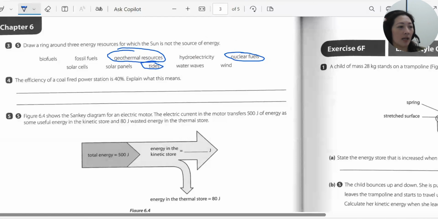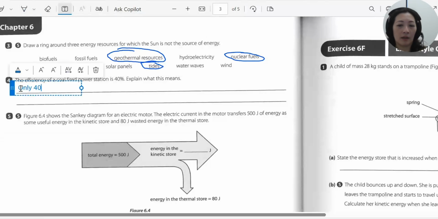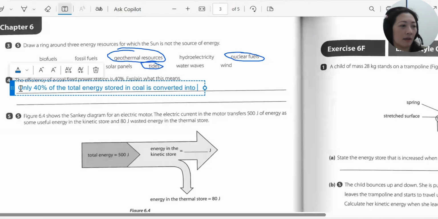Explain what this means. So remember, efficiency is about the useful output power. So how you can explain this is basically you can say that only 40% of the total energy stored in the coal is converted into a useful form.